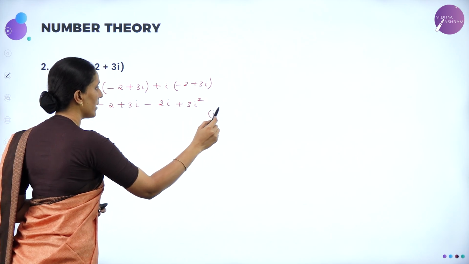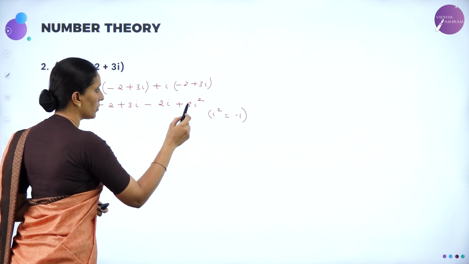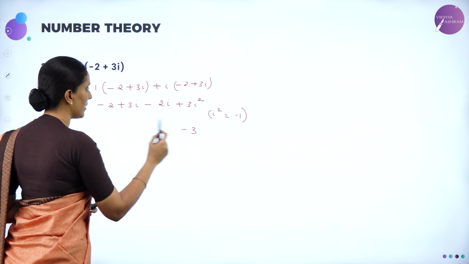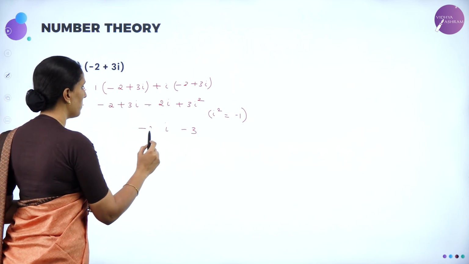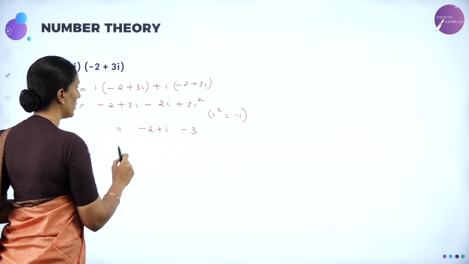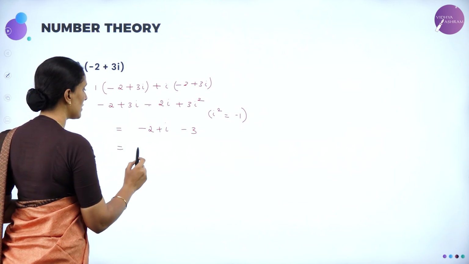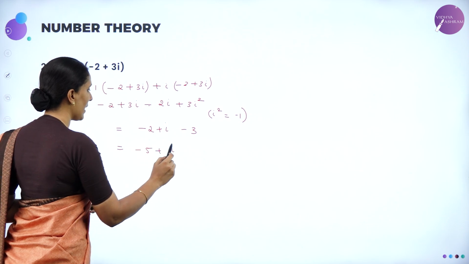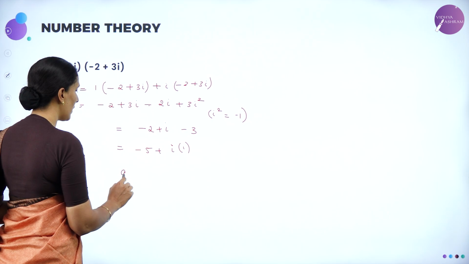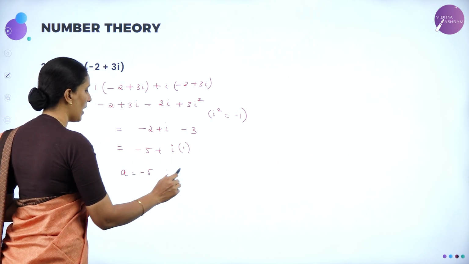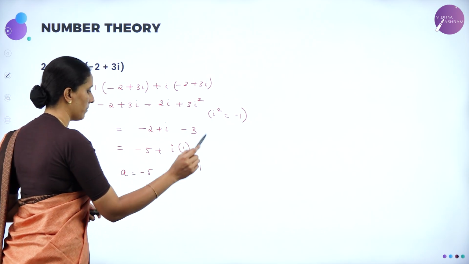Again i square is nothing but minus 1, so 3 into minus 1 is minus 3. 3i minus 2i is i, and here we are left with minus 2. So this is equal to minus 2 minus 3, which is minus 5, plus i. If nothing is written with i, the coefficient is nothing but 1. So therefore the real part is minus 5 and the imaginary part is 1.